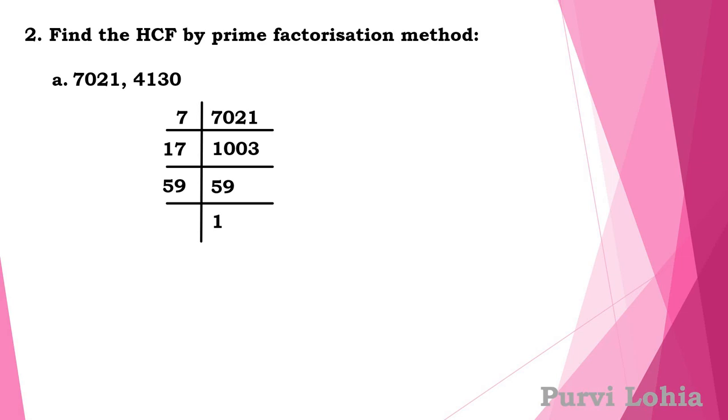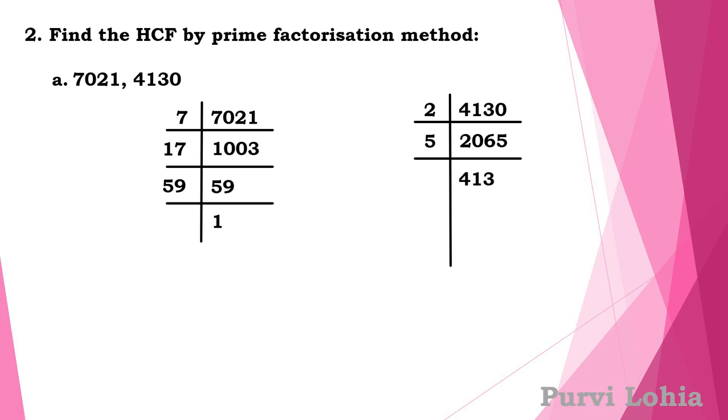Let's see the prime factorization of 4130. So the lowest prime number it is divisible by is 2. So it will give 2065. Again, it will give 5. Division by 5 will give 413.